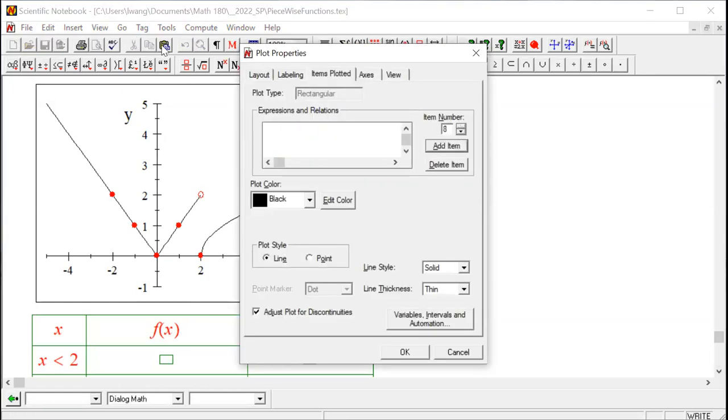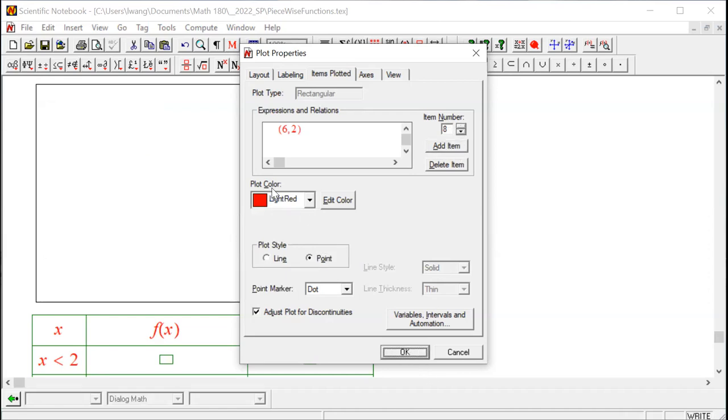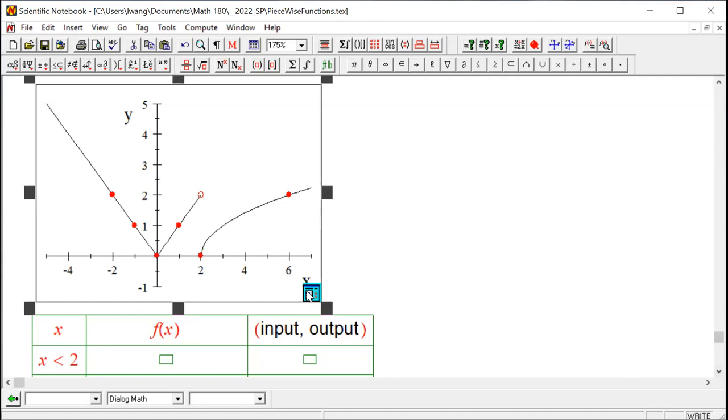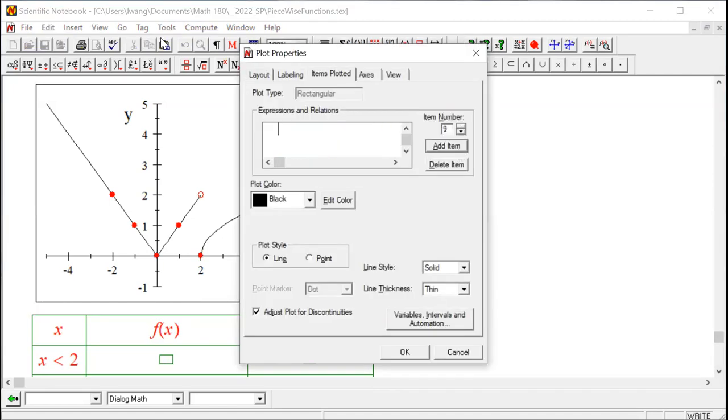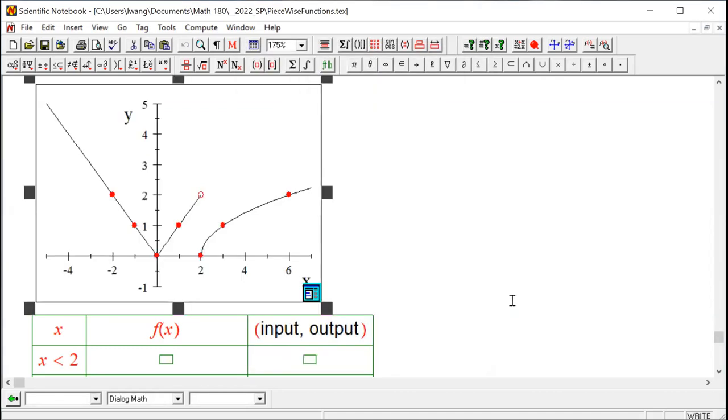So 3, 2, that's going to be a red dot. And there's a 3, 1. So now it's complete. It's a completion of all of our work.